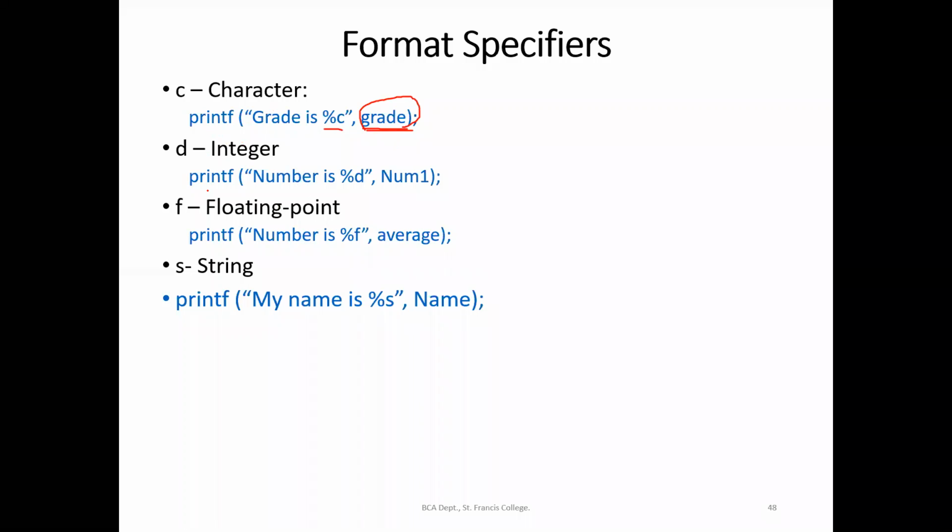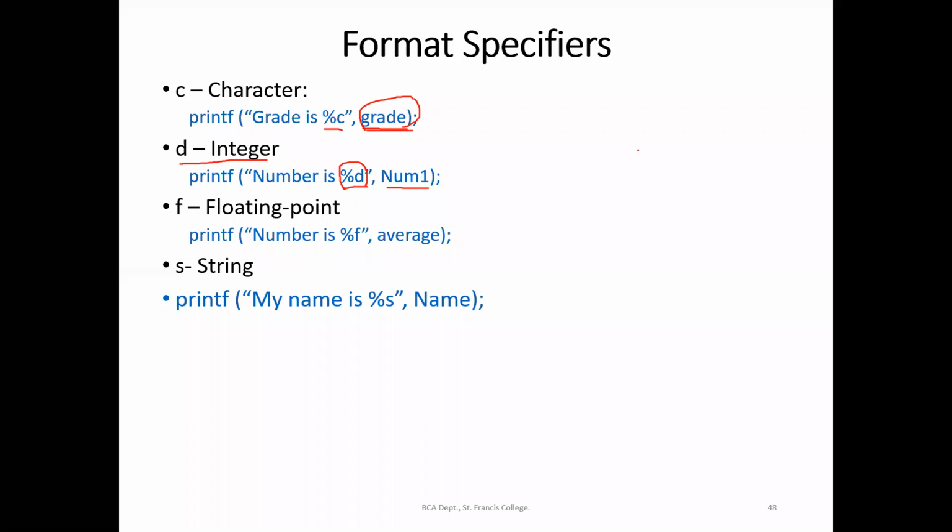So if I am declaring D as an integer, no, this is not an integer. This is the format specifier. %d is used for the integer value. If I am printing printf("number is %d"), in place of %d, the value of the variable num1 will be printed.